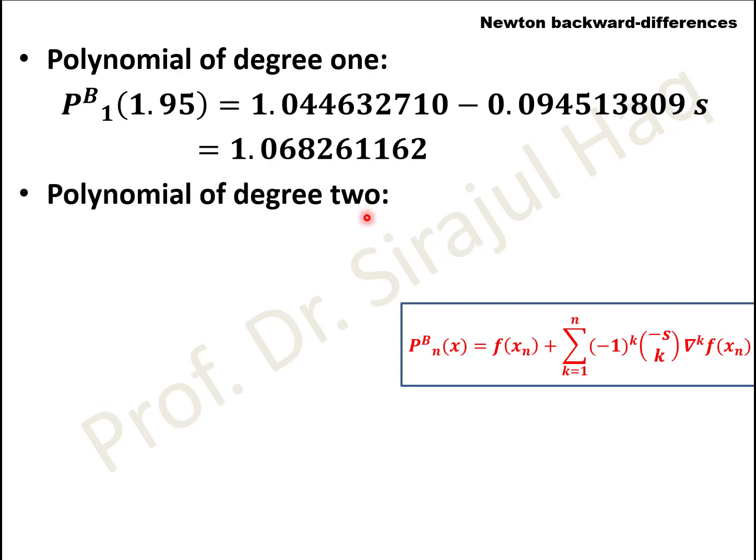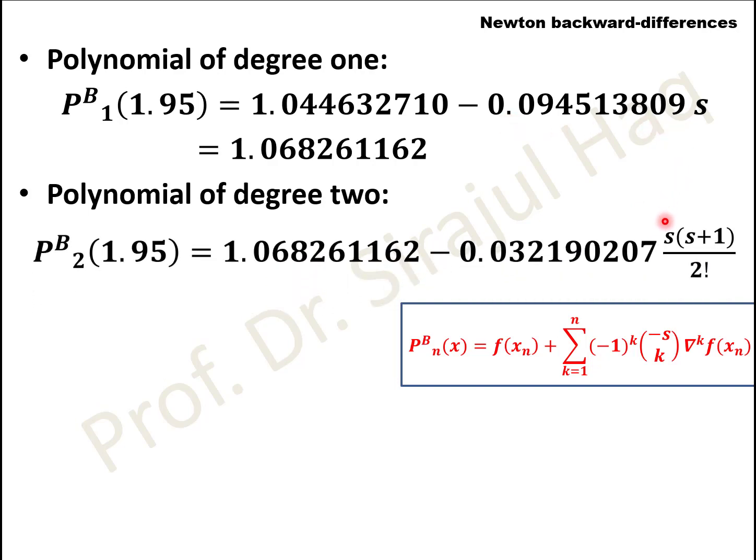Polynomial of degree 2. In this summation, k starting from 1 up to 2. K is equal to 1, I discussed it over there. When k is equal to 2, this is the value. Minus 1 raised to the power 2 will give you plus 1. Minus s2 will give you minus s into minus s minus 1. If I take minus sign common, that will become plus, divided by 2 factorial.